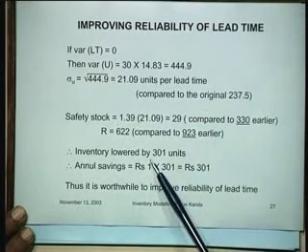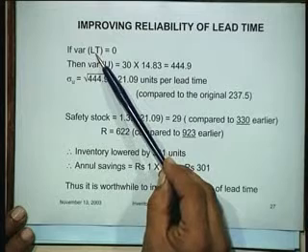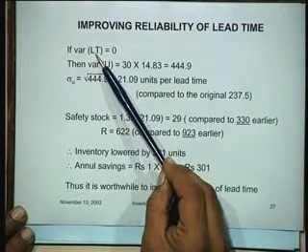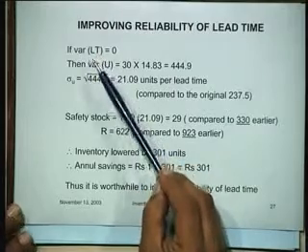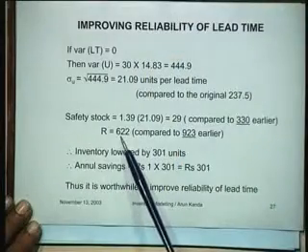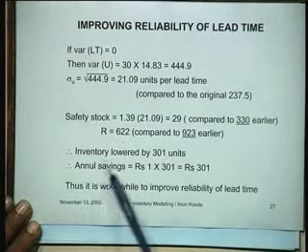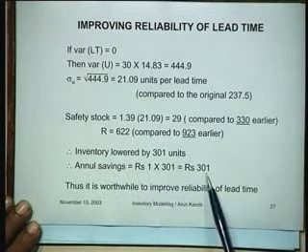As a consequence of this change, if we make this assumption, this gives you an idea of the amount of savings you can make if your information is correct. If the variance of lead time is 0, that means you are sure about your lead time, there is no uncertainty, then the R value can go down to 622. Inventory is lowered by 301 units, and annual savings are rupees 301.